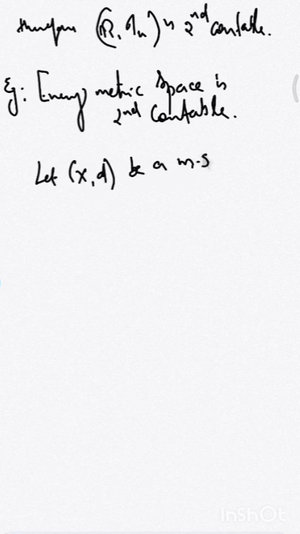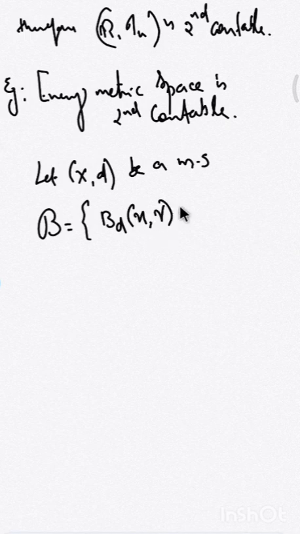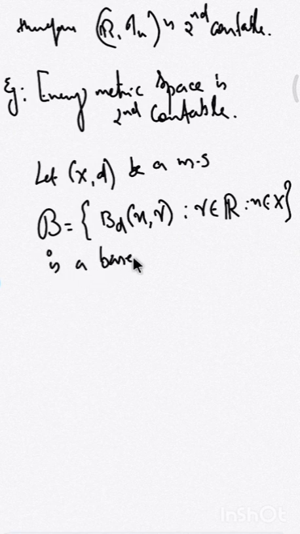We already know that the collection ℬ of open balls B_d(x, r) centered at x with radius r, where r varies over the real numbers and x is an element of X, forms a base for this topology. We know that this collection is a base for the metric space.